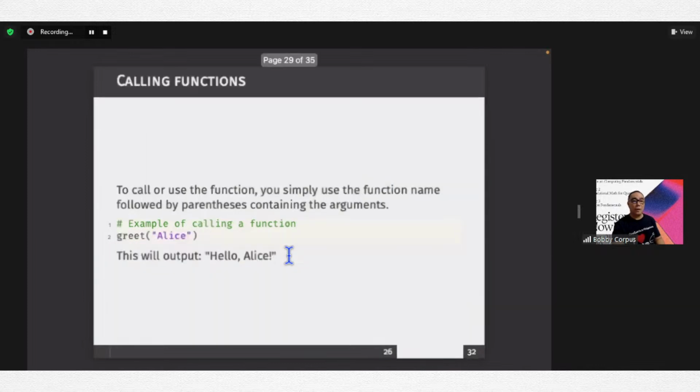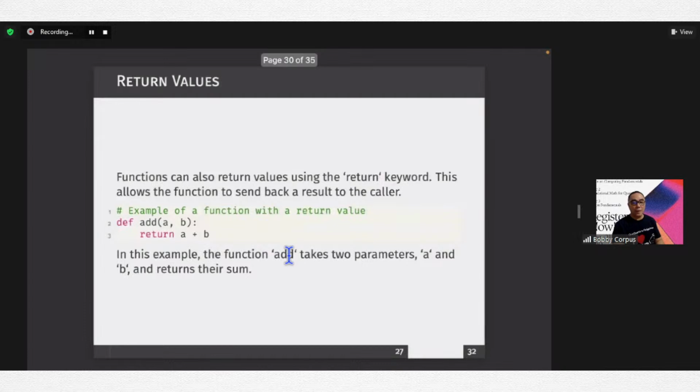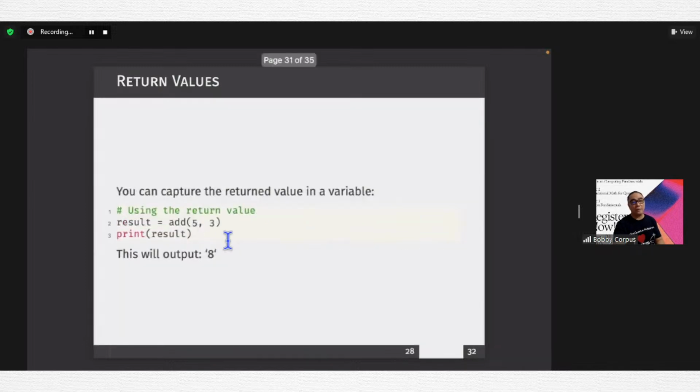But you can also create functions that return a value, like for example this one here. You use the return keyword, and from there you can use the return value as a value for a variable that you want to define.